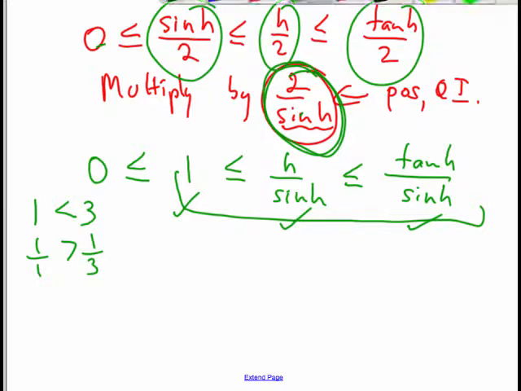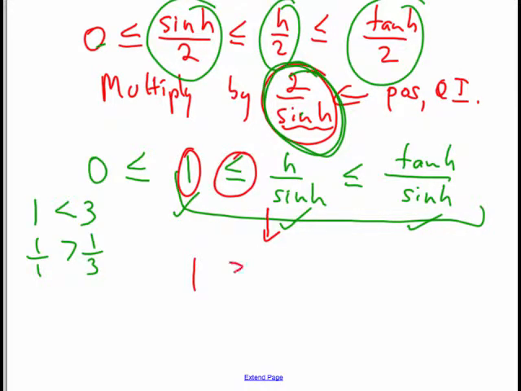And that's a property of inequalities. So I'm going to reciprocate everything here. The reciprocal of 1 is 1. When I reciprocate, I said the sign is going to switch. That's going to switch to sine h over h. And this is going to reciprocate to sine h over tan h.